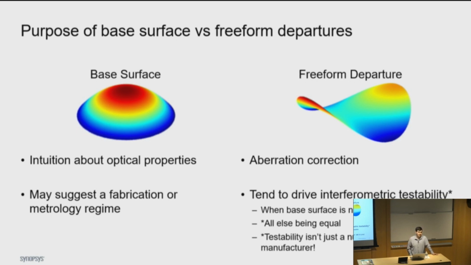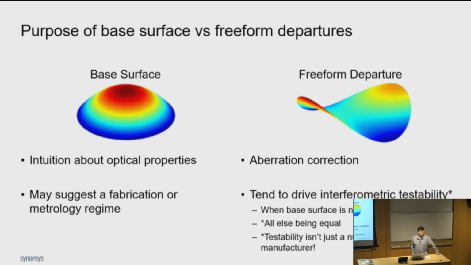So for example, the base surface could give us intuition about the optical properties of the surface. For example, it may suggest to us what the first order properties are. And if our base surface is well chosen, it may suggest a fabrication or metrology regime. On the other hand, if we split things up into base surface and freeform departures and do a good job of it, the freeform departure terms are going to be useful from an aberration correction perspective.